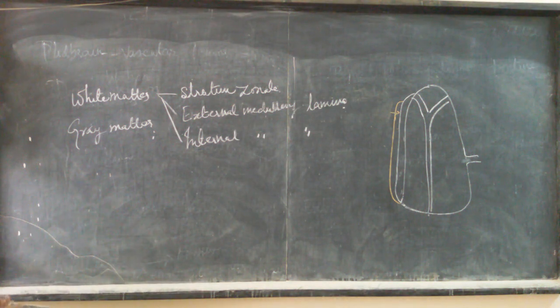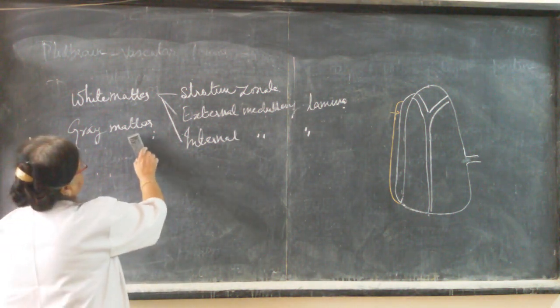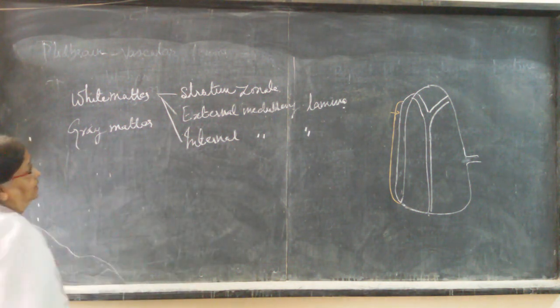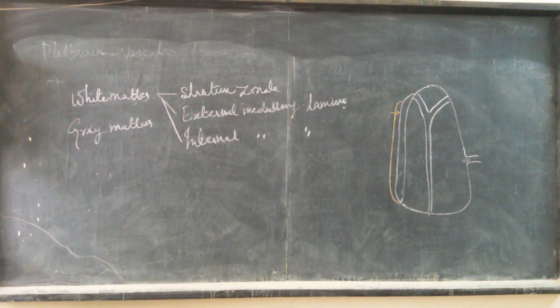The grey matter of the thalamus forms the various nuclei of the thalamus. And as you know, most of the sensory tracts pass through the thalamus except the sense of smell.